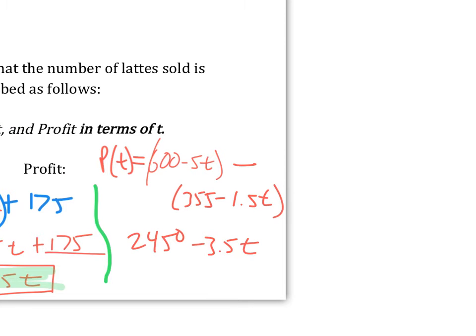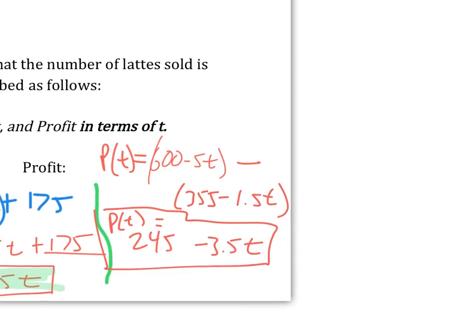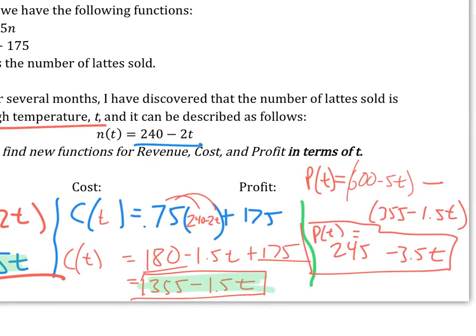And finally, there is our P of T. What this does for us is give us a way so that when you know the temperature, you can just plug it in and you get the profit. Assuming that all my calculations are perfect, and that the function I actually started with is a true function. So that's the idea.